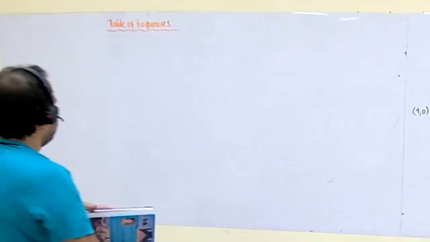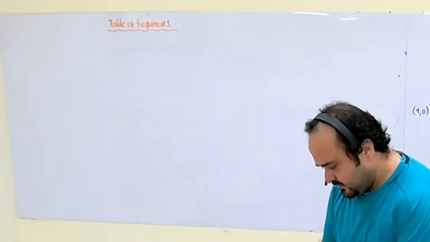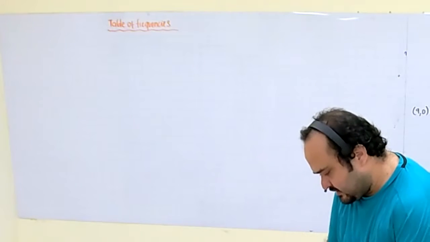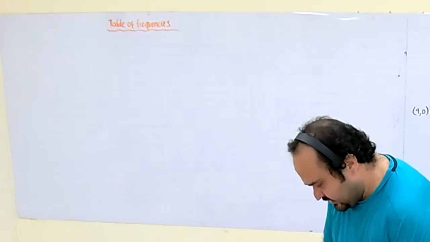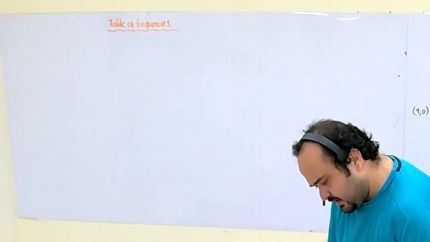Remember yesterday, we had an initial table of frequencies given in the exercise and the problem. This table of frequencies is provided by the quantity of grades that the students are supposed to have.